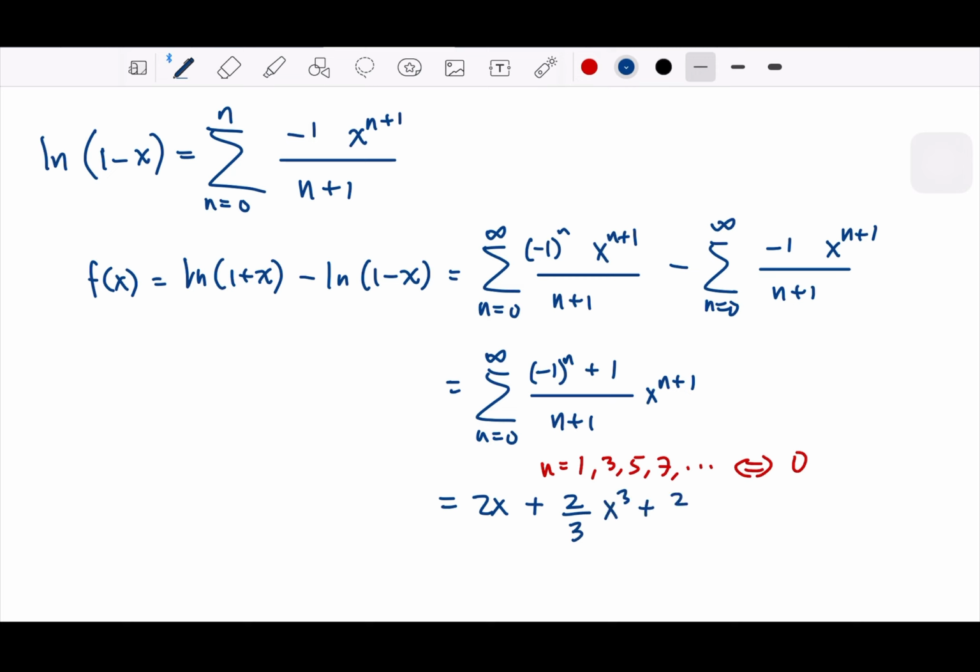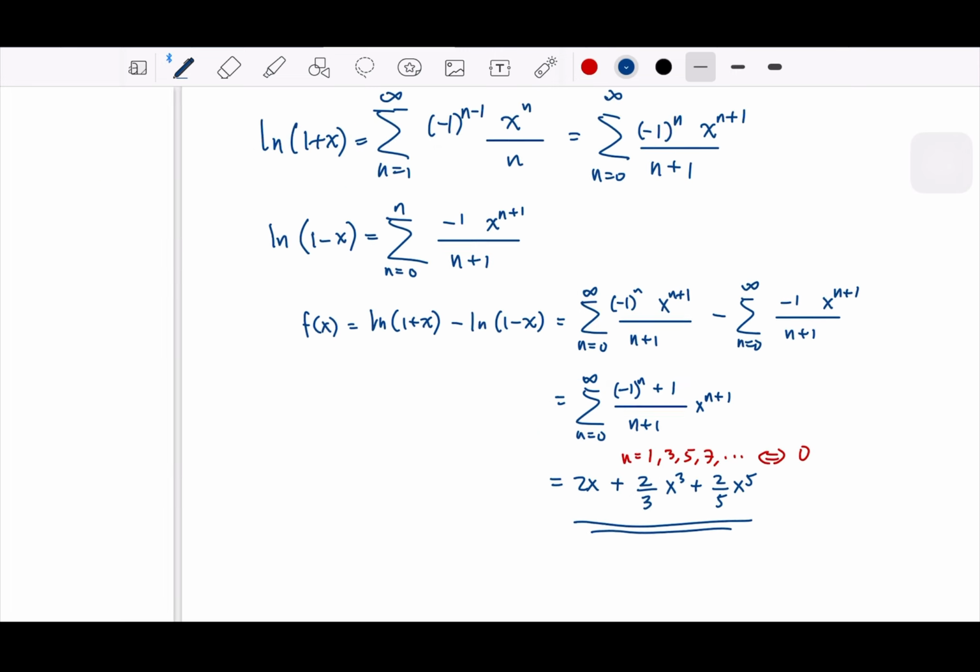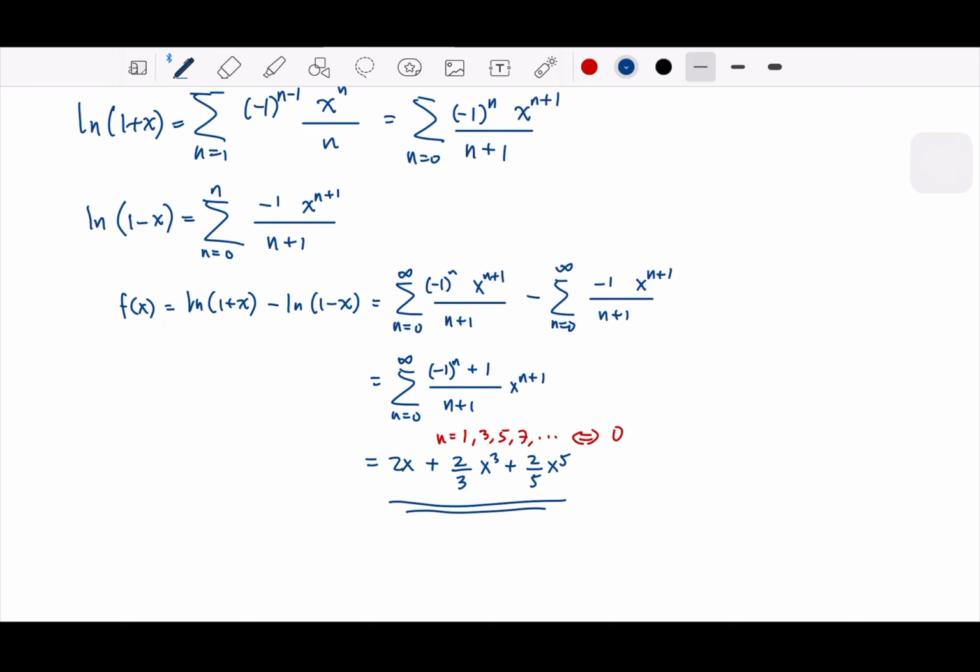And then similarly, we will have x to the 5. So these will be the three non-zero terms. Well, no need to write all, just 3 non-zero, I think it's okay.